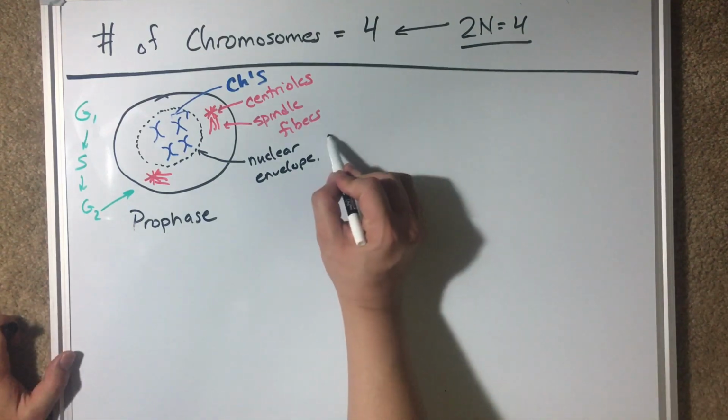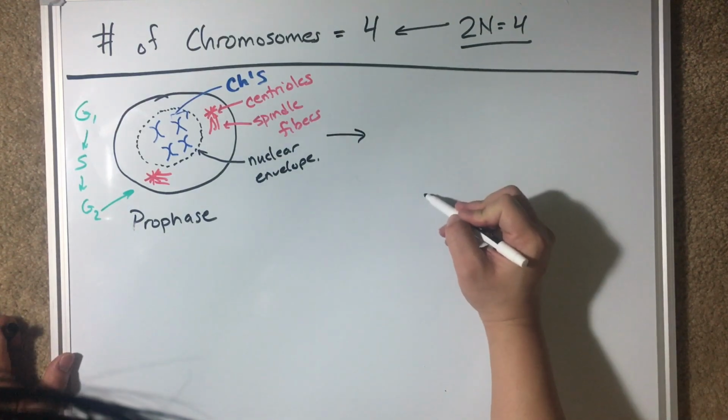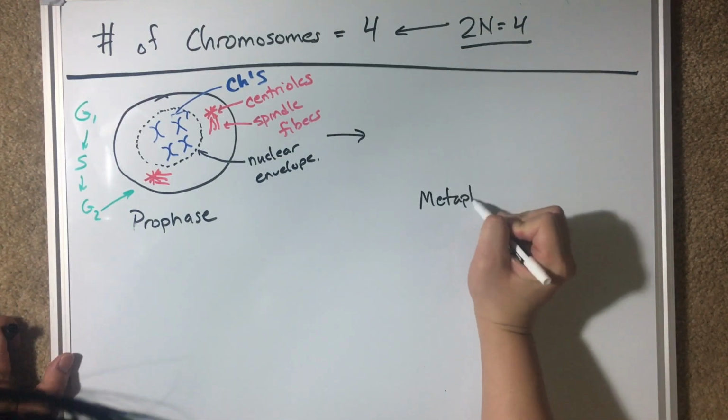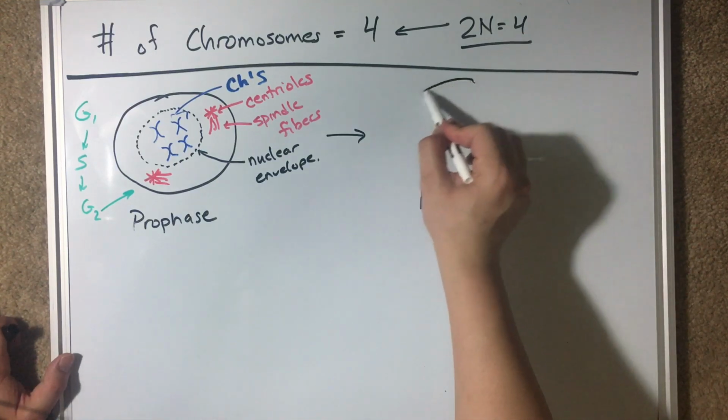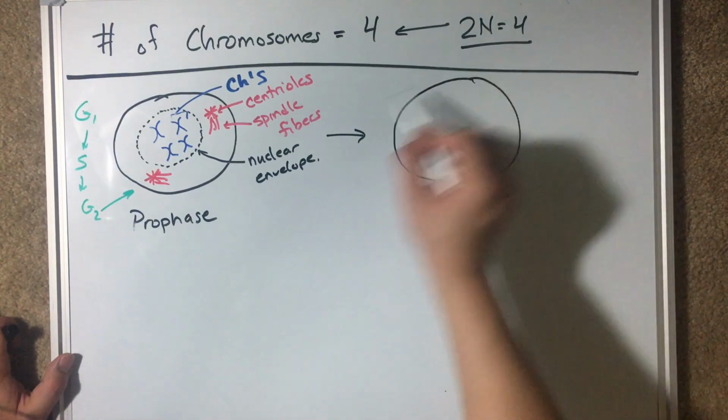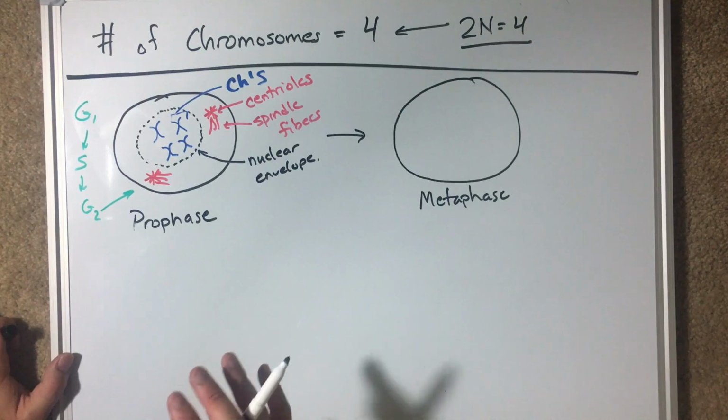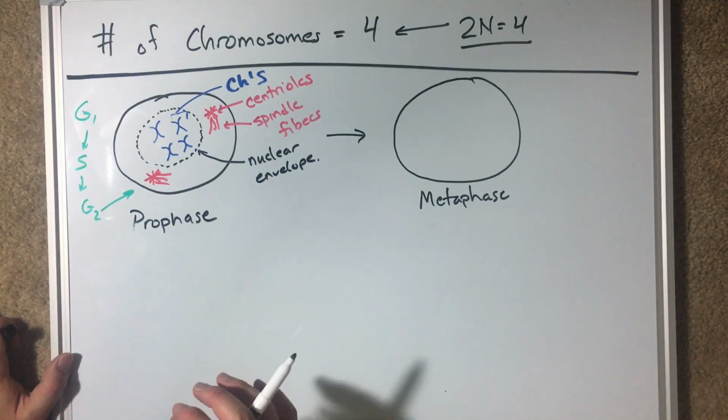Let's move on to the next step, metaphase. I'm going to draw another circle. And now in this step, the nuclear envelope has already broken down.